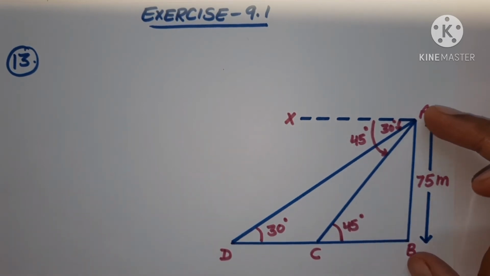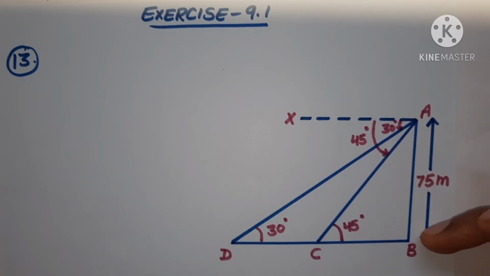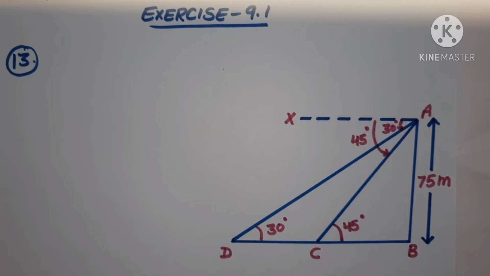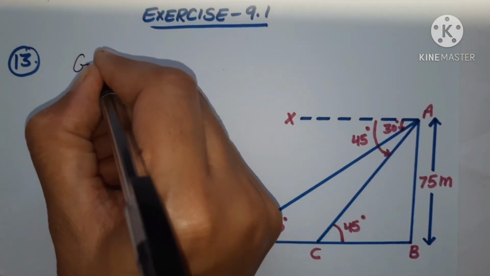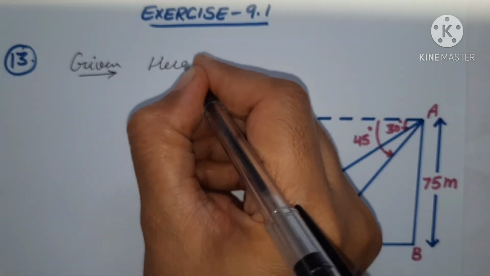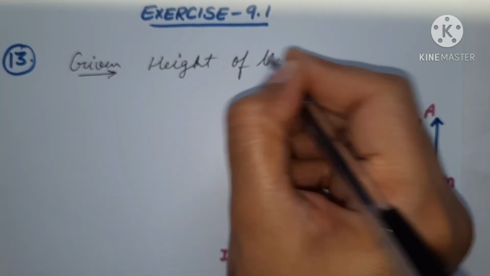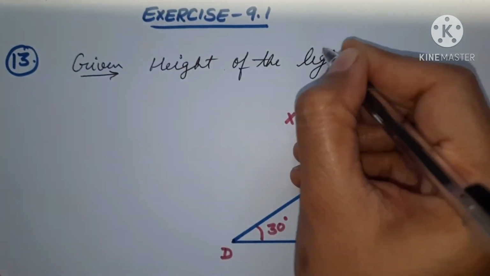So this is the lighthouse. AB is the lighthouse. So height is given 75 meter, and C and D are the position of two ships. These C and D, these are the position of two ships, and angles of elevation are given in the question. So we will write the given things from the question, and in the question the height of the lighthouse is given.